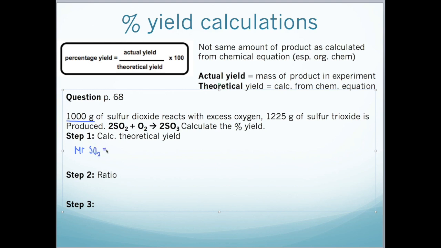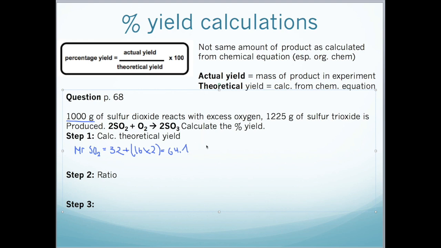So to do that we add sulfur, which is 32, plus 2 oxygens, so 16 times 2 gives us 64.1. That is the molar mass. So then we need to first get the moles of the sulfur dioxide.